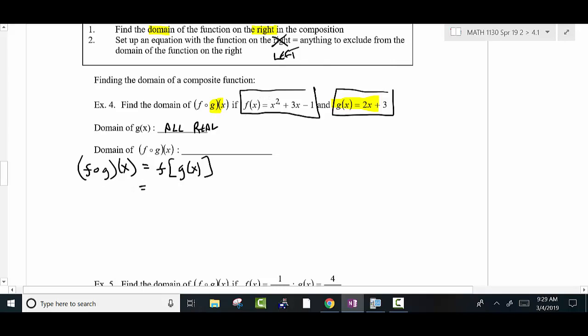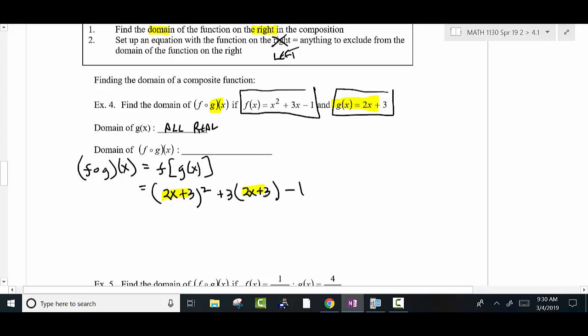So you write down f of x and build a framework. f of x is something squared plus 3 times something minus 1. What goes in the parentheses? The other function, right? So what goes here is what g of x is: 2x plus 3 squared plus 3 times 2x plus 3 minus 1.